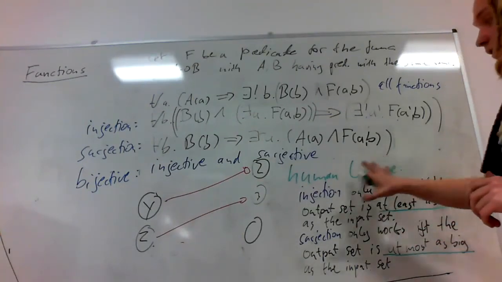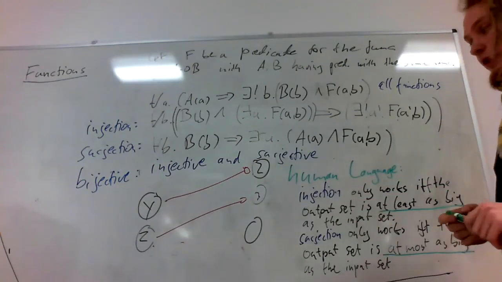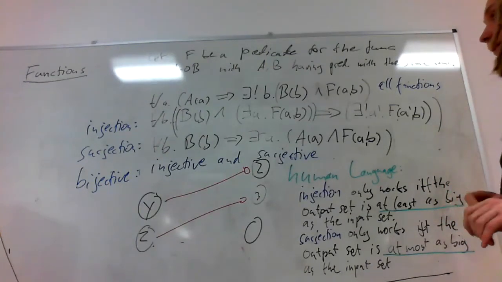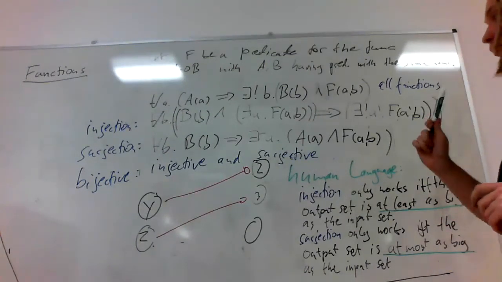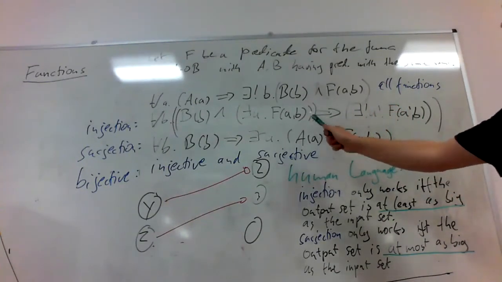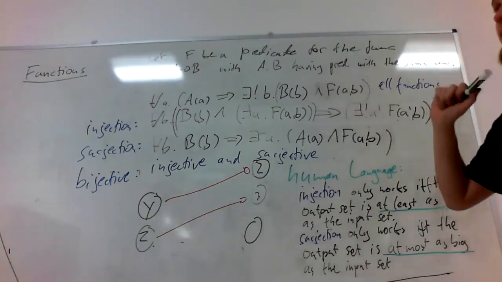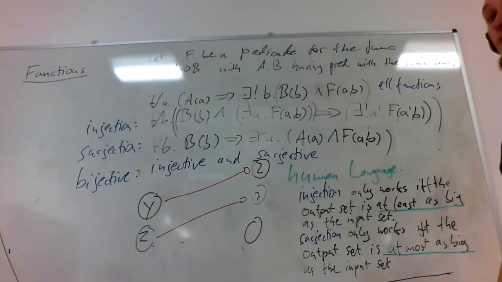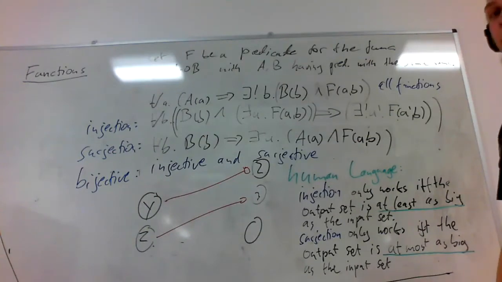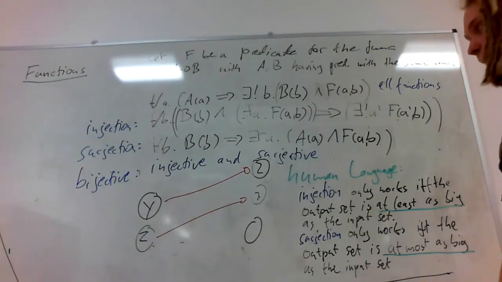So this is to give you a feeling for injection and surjection. It's important to keep in mind, especially the human formulations of this one. Injection, each element is being hit at most once. Surjection, each element is being hit at least once.